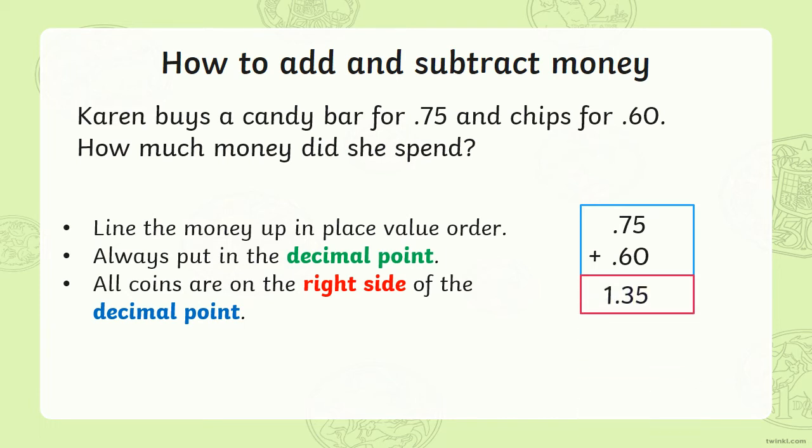Then we add them together. 0 plus 5 is 5. 6 plus 7 is 13. We regroup, put the ones on the dollar side, on the left side of the decimal point. So that is how we work that.